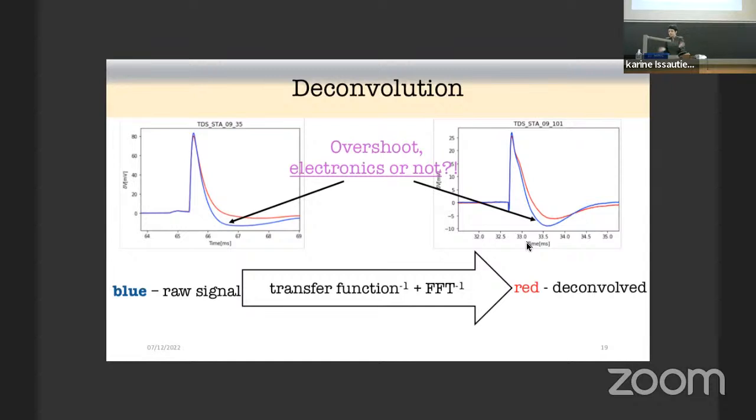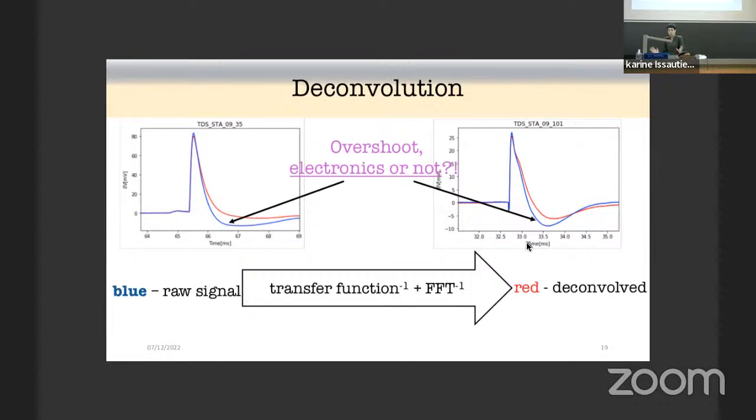Sometimes we are really happy with the results because the overshoot disappears, but sometimes it remains. So maybe it's not always just due to the electronics, but can also be due to the fact that the antenna will take some charge from the cloud.